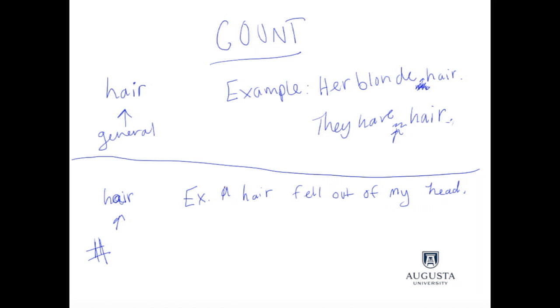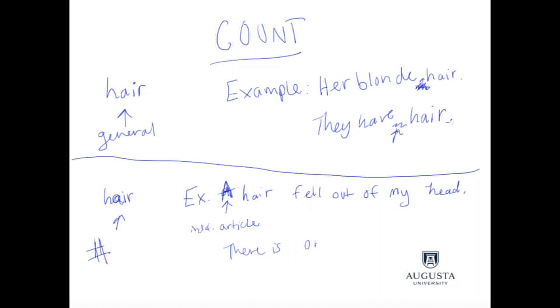This should be capitalized. A hair fell out of my head. This is an article, an indefinite article, so it's not specifying which hair fell out. It's not saying the hair fell out of my head, but a hair fell out of my head. Indefinite.